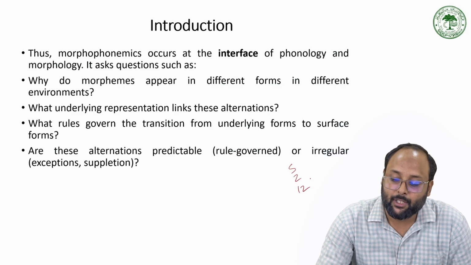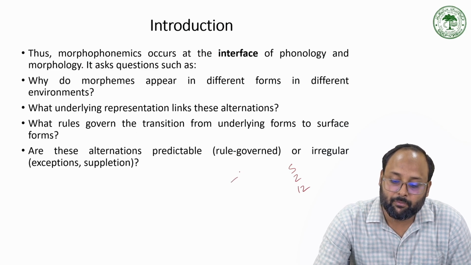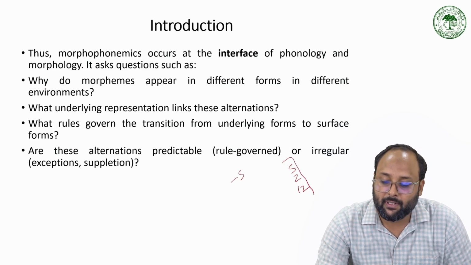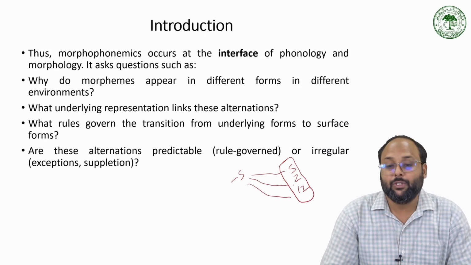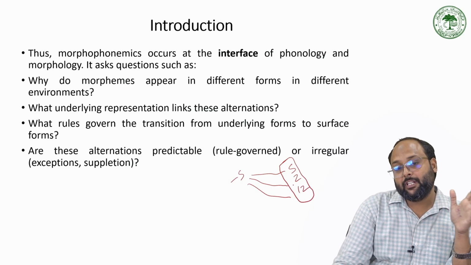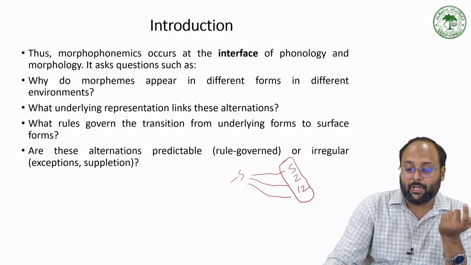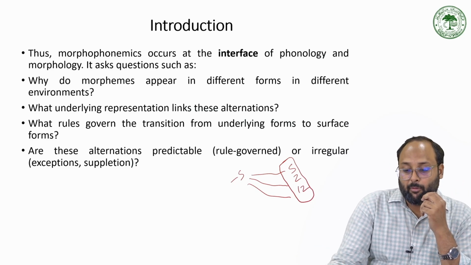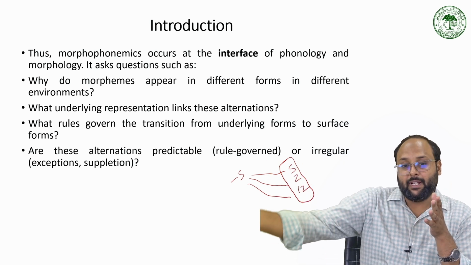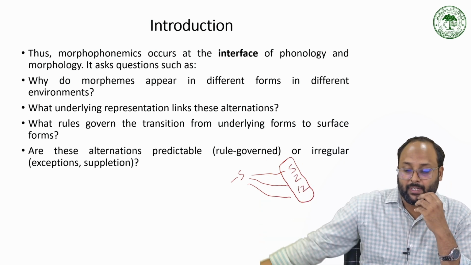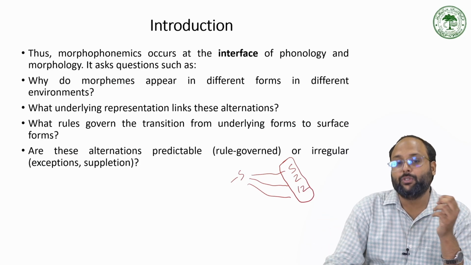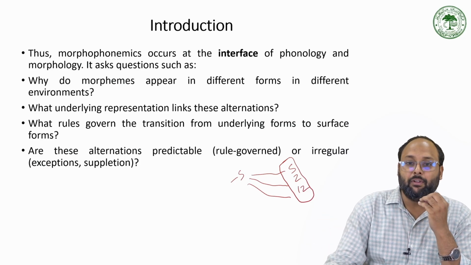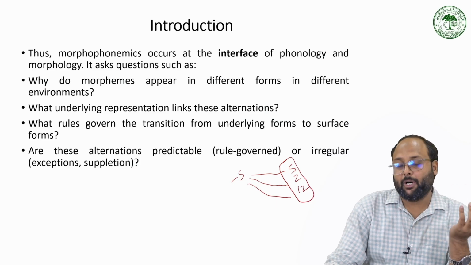These are different representations of plural s: sa, za, and is. So the underlying representation in this case is the plural s, but it has different realizations in different environments. So how can we connect those representations? That we answer in this morphophonemics chapter.